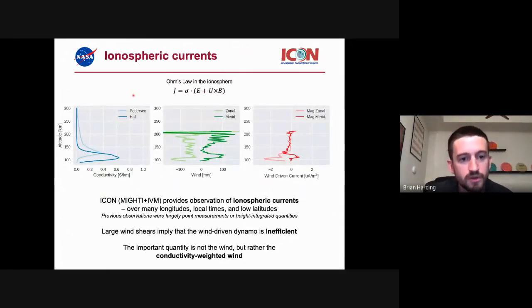So you remember the large shears I showed in the MIGHTY winds. What those really show is that it's not really correct to think of this as such a simple circuit that I showed before. It's not like there's a dynamo region that has a battery. It's almost like you have a dynamo region where you have a lot of batteries in parallel, and sometimes you put a battery in the wrong way because the current being driven at one altitude is canceled out by a current at another altitude.